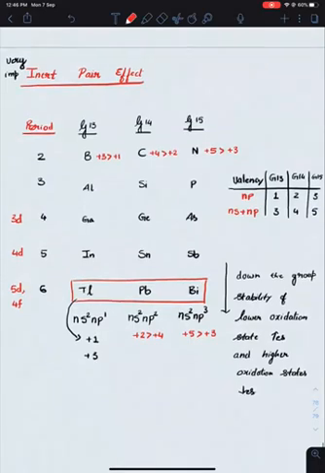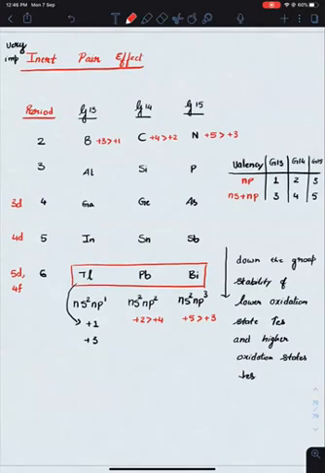इनर्ट पेयर इफेक्ट में होता क्या है? Down the group, the stability of lower oxidation state increases and the stability of higher oxidation state decreases. Okay. And if we are going to period 6, in period 6 elements, the lower oxidation state is more stable when compared to its corresponding higher oxidation state. Tl+1 is more stable than Tl+3.